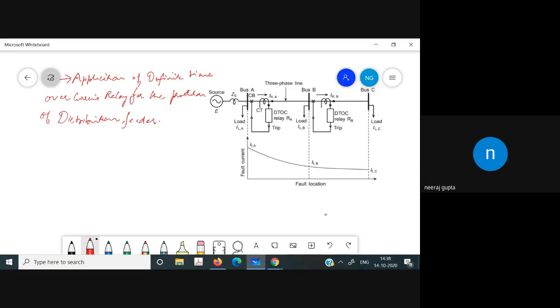So how do you know the distribution feeder? We have a source and we have the load at different buses. So this is the distribution feeder, a single phase representation of a three-phase feeder.